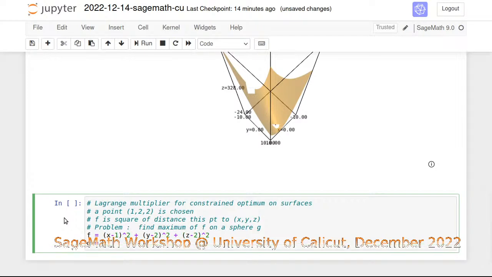Now g function we are choosing to be the... Sir, is it not necessary to declare the variables? We are using x, y, z.